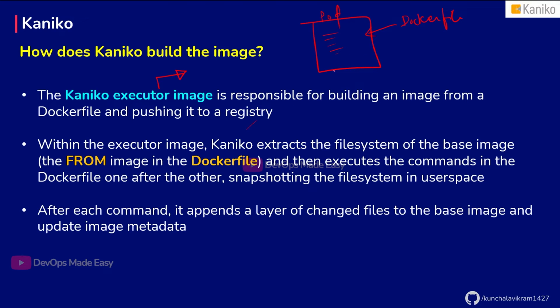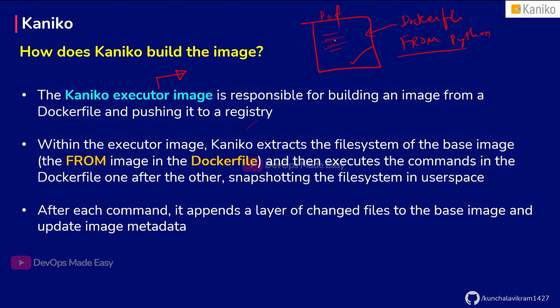Within the executor image, Kaniko first extracts the file system of the base image. Let's say the base image I have is Python. First it will extract the file system of the Python image, and from there it executes one statement after the other in the Dockerfile, snapshotting each file system in the user space.